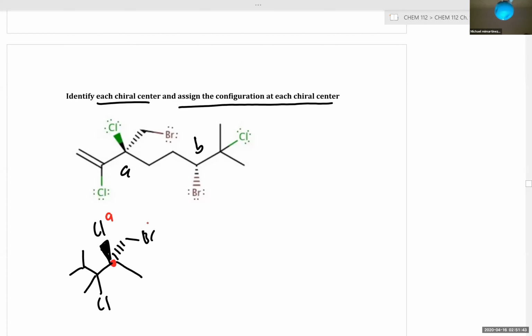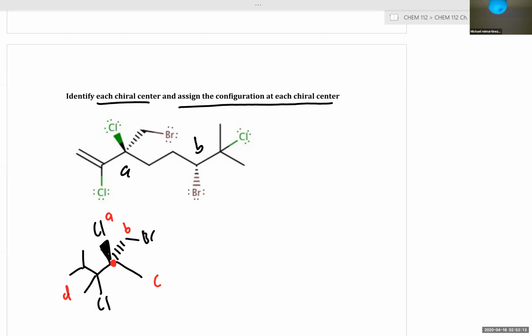So chlorine, so A, B, C, D. Which group gets the priority 1? A, B, C, or D? Which substituent has the highest atomic mass directly attached to our chiral center?